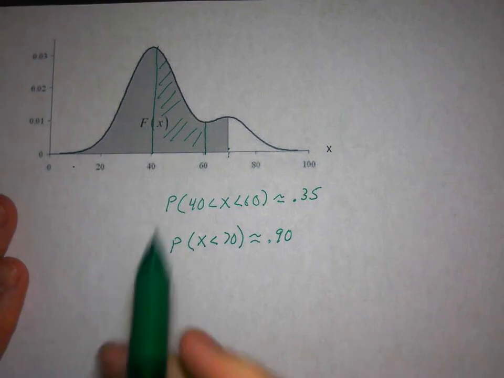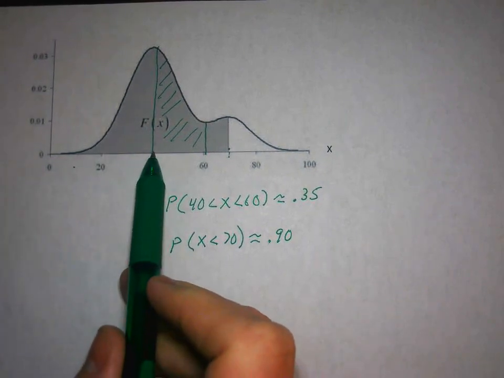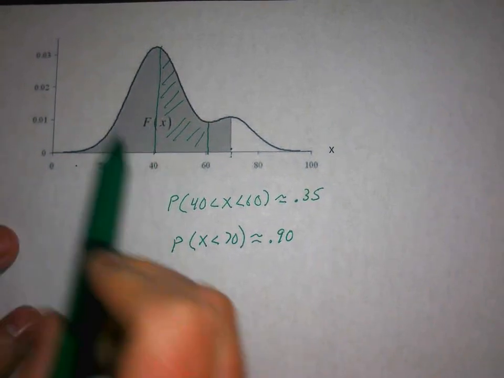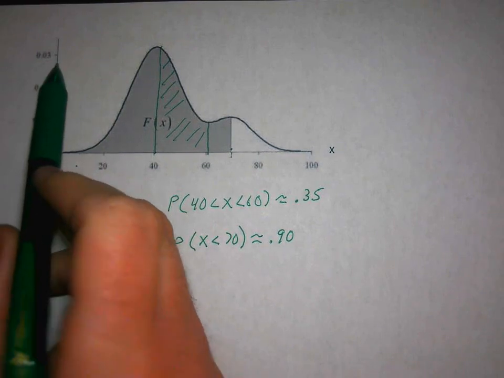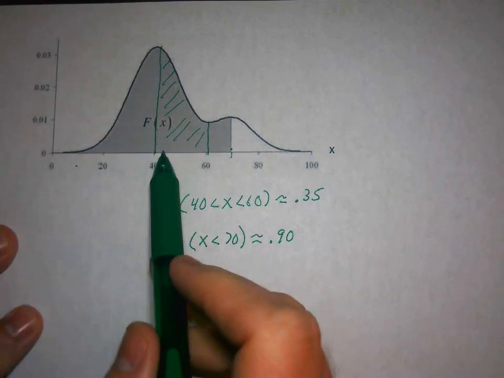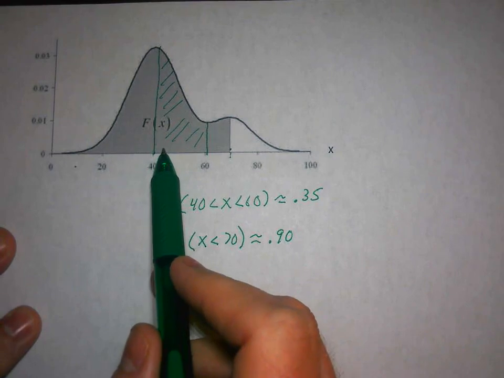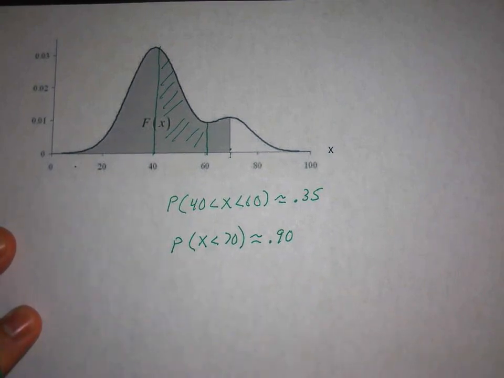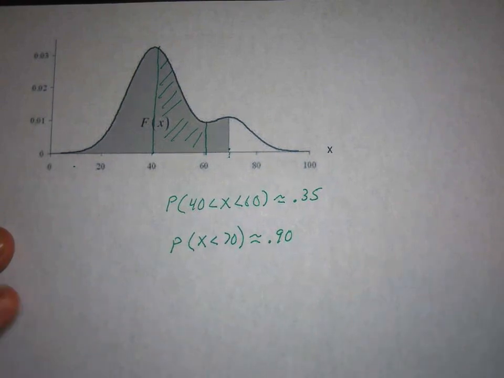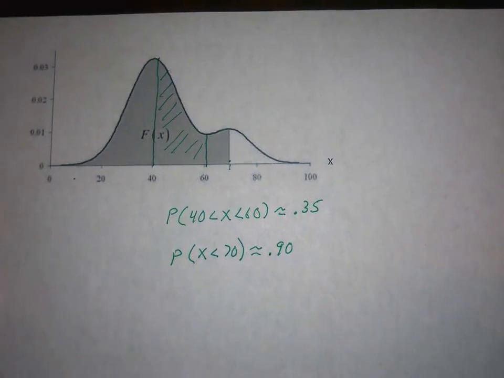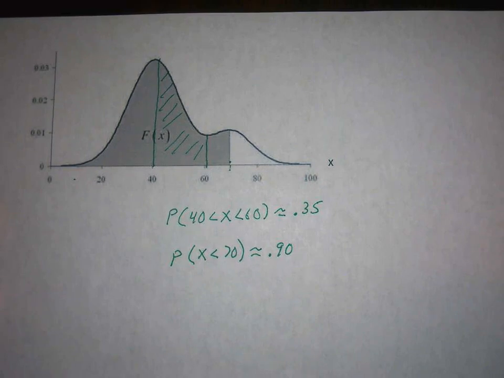The idea is that we don't have a bar where we can just look at the height and take it off the graph that way. So there are going to be some different methods that we're going to have to use throughout this chapter. But that's the basic idea behind a continuous random variable compared to a discrete random variable.